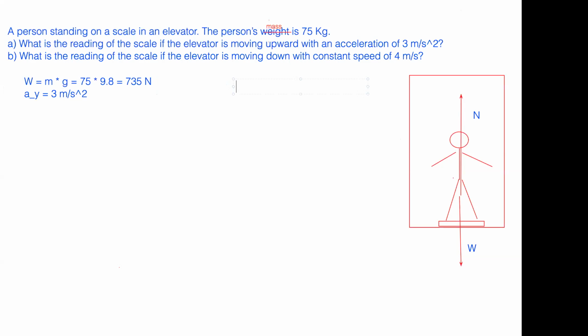That's the job of the scale on the elevator. If we were standing in an elevator and we're looking at the reading, the scale will give us the reading of the normal force. Here, since the elevator is moving upward, the normal force will not be equal to the weight. And we can see that by simply applying Newton's second law.